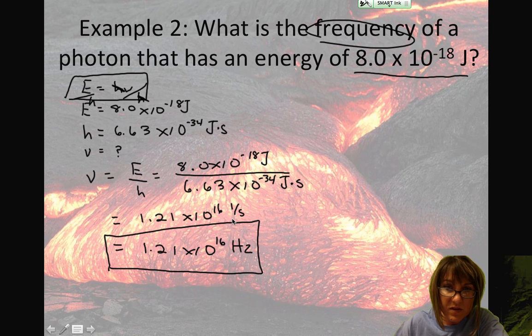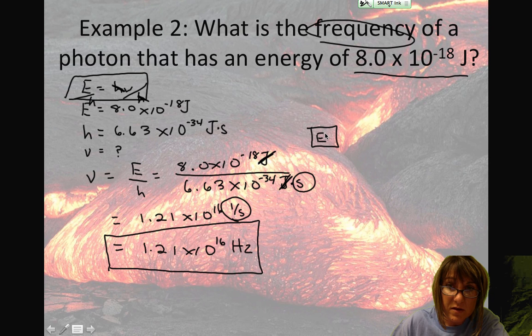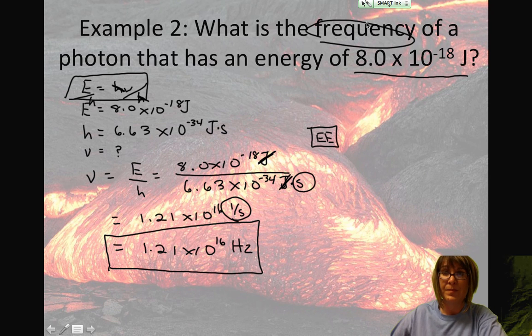We got these units of per second right here where joules canceled away, and we just had seconds in the denominator. That's the same thing as hertz. Okay, I just want to be clear. When you're using the calculator for scientific notation, we're looking for a button that has EE on it or above it, so you can solve scientific notation problems without any trouble.